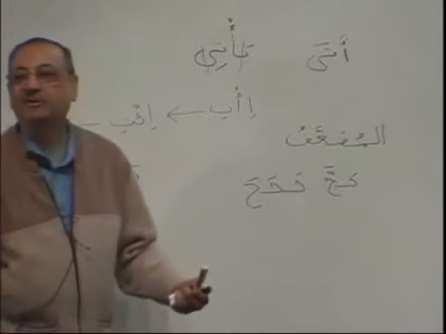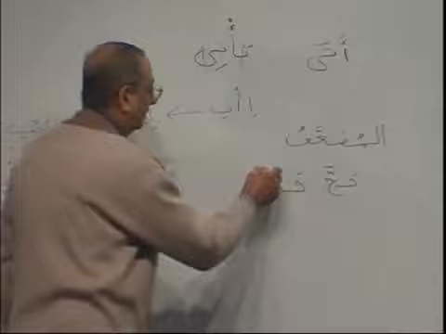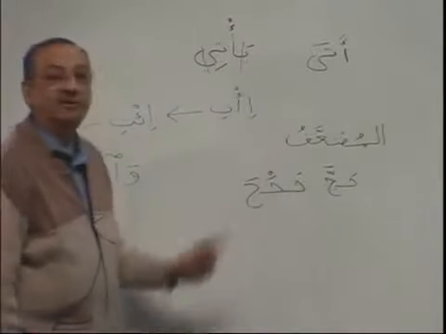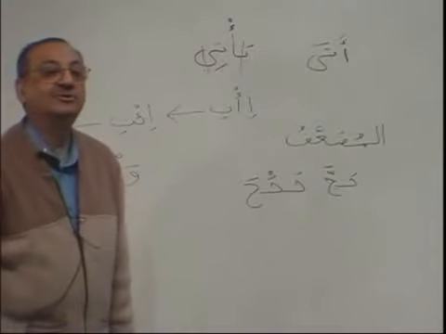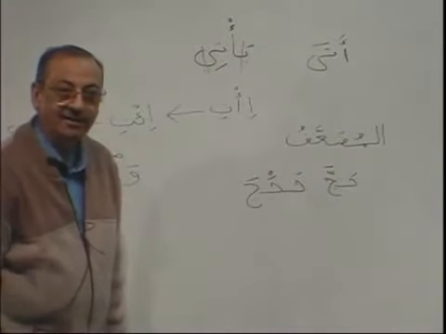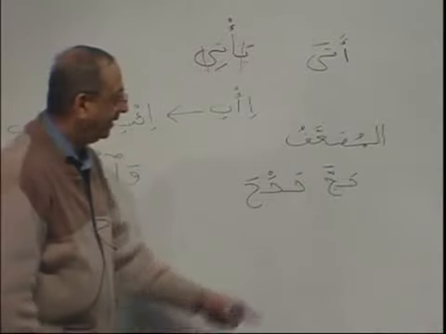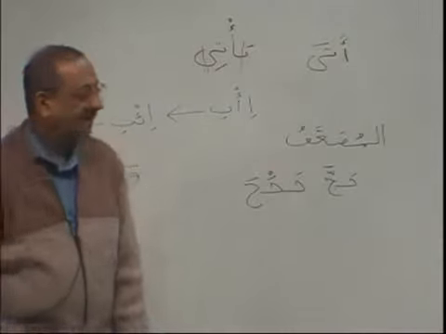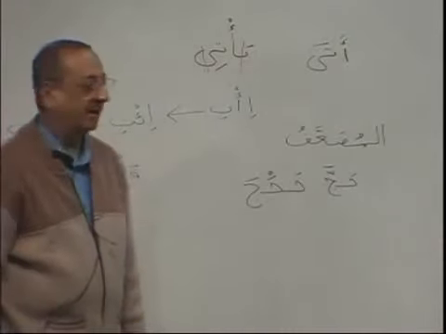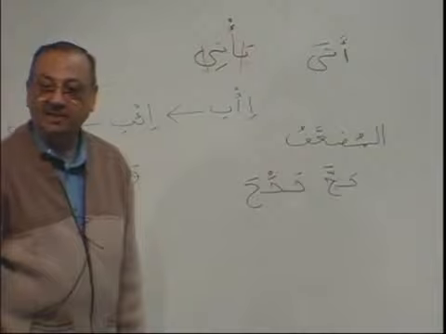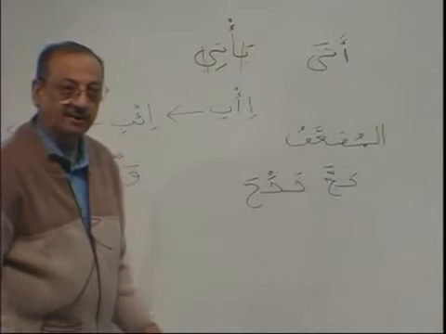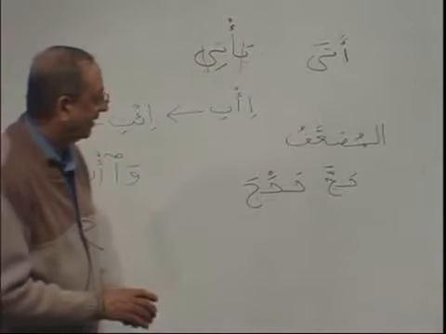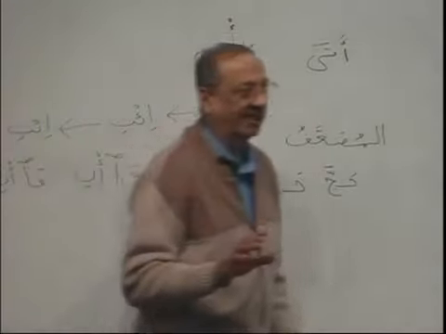When you have no vowel sign, it is a sukoon. So the vowel sign is dropped, then now we can do idgham. Hajja is originally hajaja, and then we drop the ain kalima's vowel sign, fatha, so it gets a sukoon, so it becomes hajja. Now this is very nice and beautiful and easy.